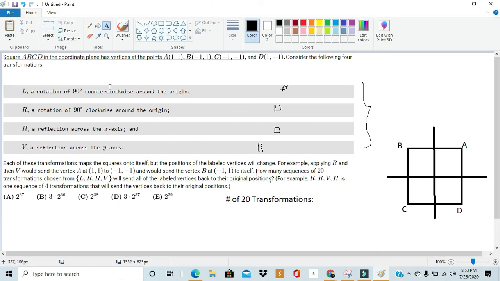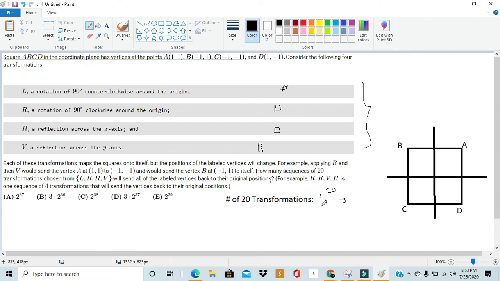And 4 times 4 times 4, 20 times can be more simply written as 4 to the 20th. However, we have 4 to the 20th as the total number of 20 transformations. But in our answer choices, we see that everything's either 2s or 3s. So it'd probably be in our best interest to convert 4 to the 20th in terms of 2.